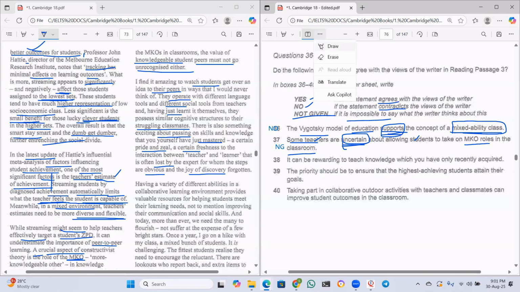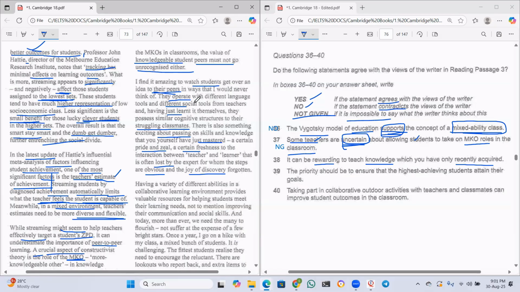Now let's move to the next one. It can be rewarding to teach knowledge which you have only recently acquired. I think we read about this in this one, right? Passing on the knowledge. I find it amazing to watch students get over an idea to their peers in ways that I would never think of.